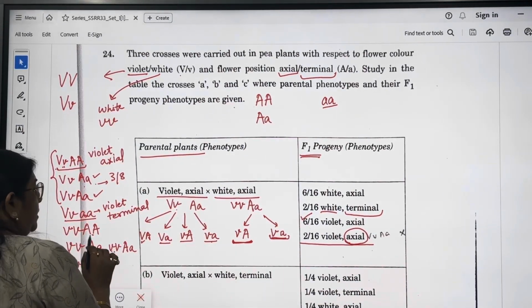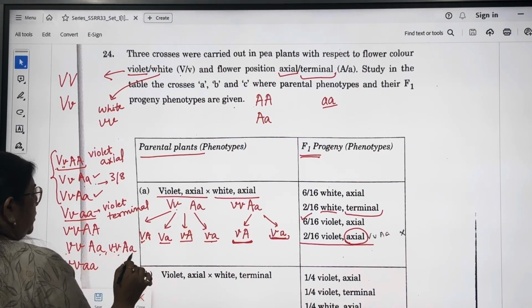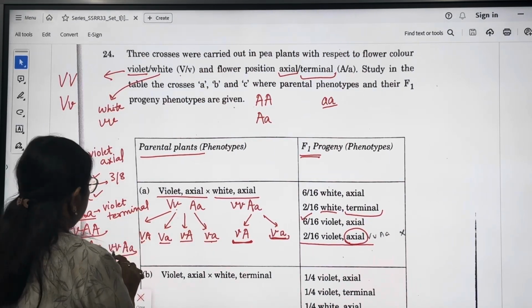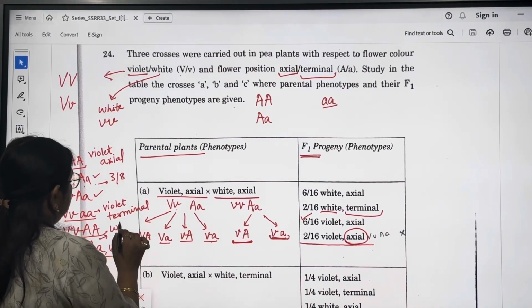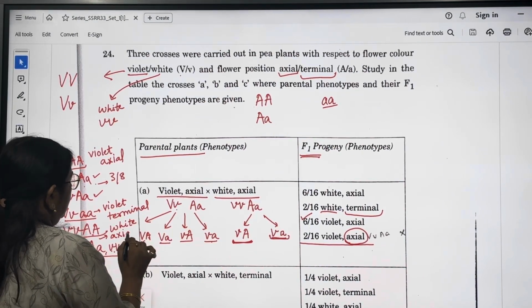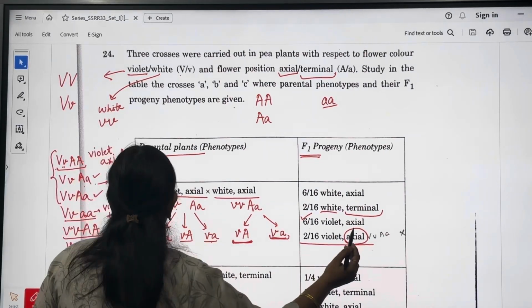Small v capital A, small v capital A small a, small v capital A small a. These 3 are white axial, 3 out of 8, which means 6 out of 16.